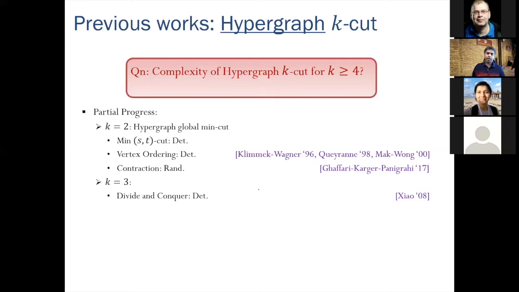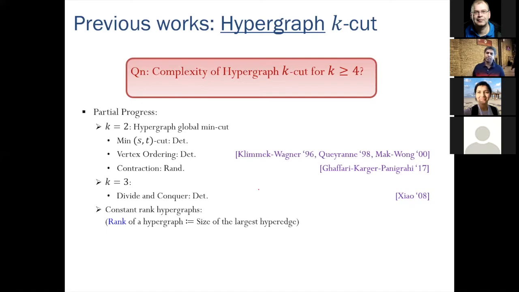The next interesting restriction that has been studied in the literature is on the input family of hypergraphs itself. The rank of a hypergraph is defined to be the size of the largest hyperedge. If the rank of the input hypergraph is 2, then the hypergraph is simply a graph, and we know how to solve graph k cut. If the rank of the hypergraph is a constant, then the hypergraph should intuitively behave like a graph.